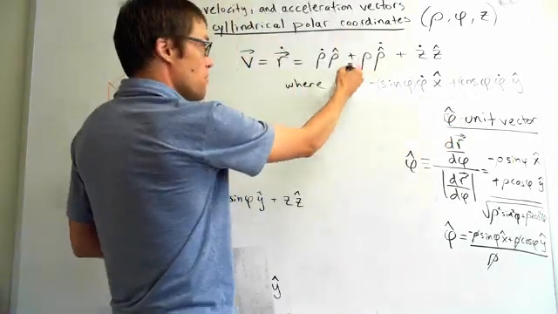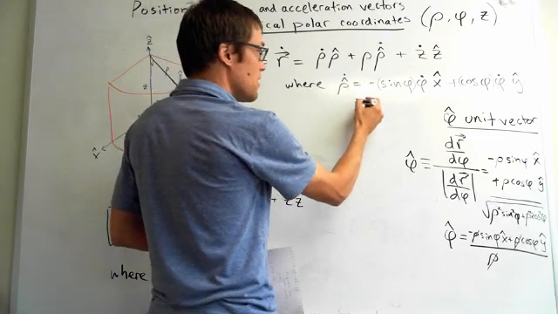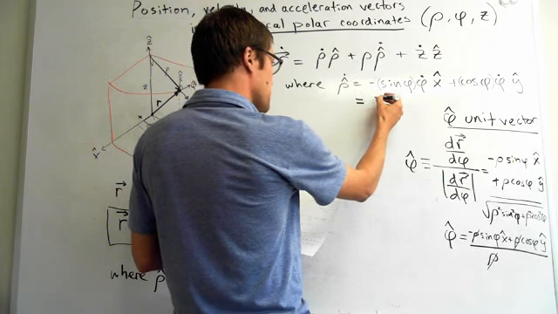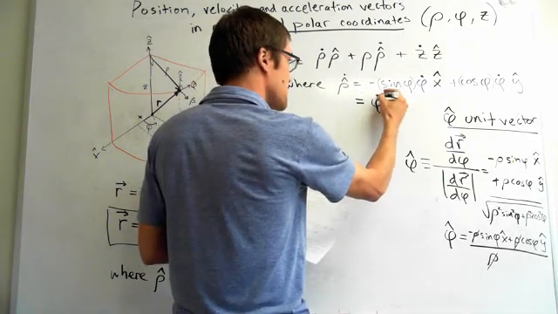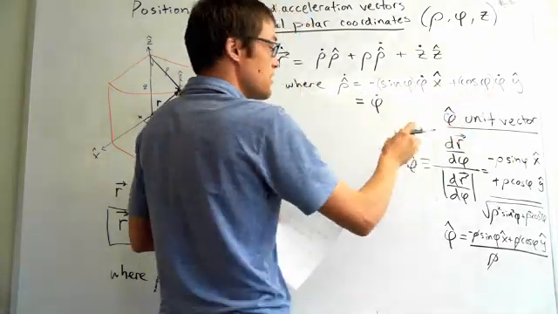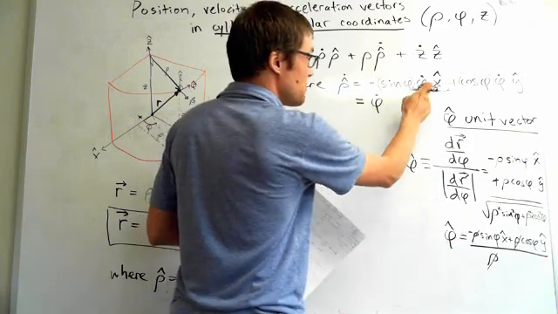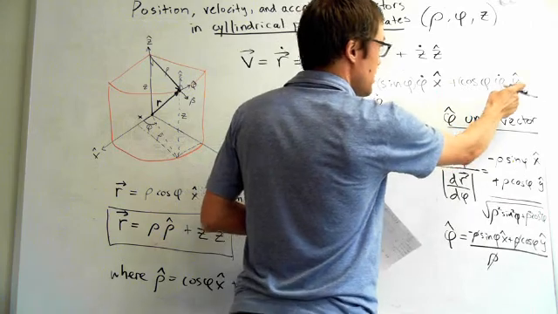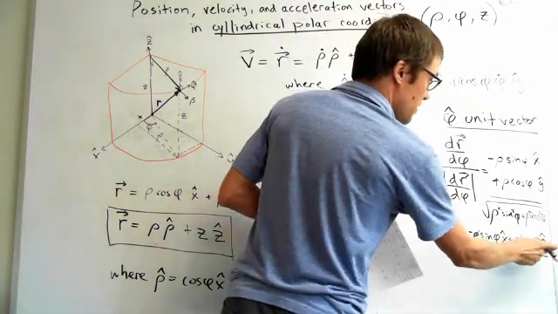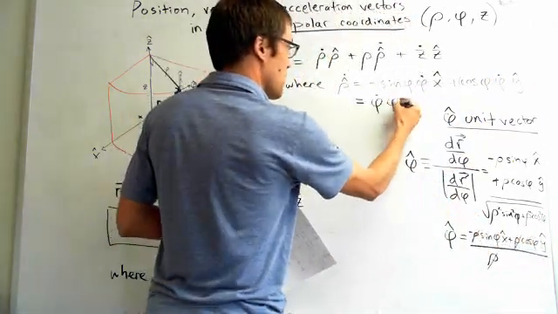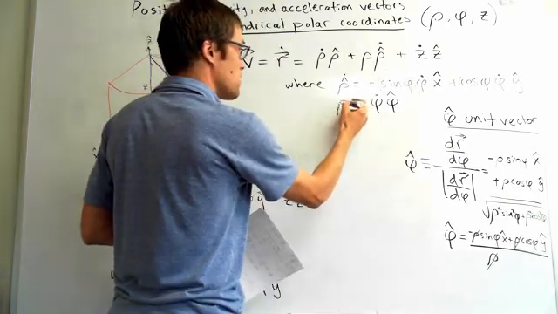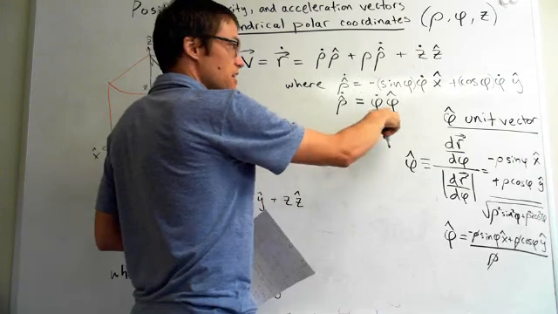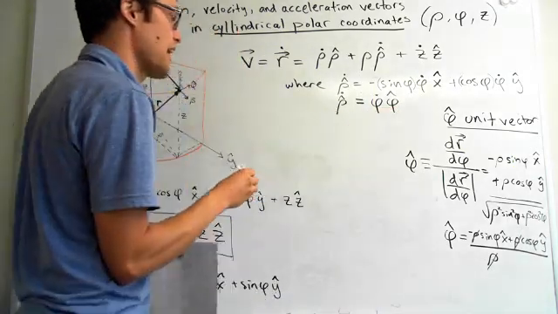Okay, so rho hat dot is equal to, let's see if we can factor out one of the phi dots. Phi dot comes out, and then you have a minus sine phi x hat plus a cos phi y hat. So this is phi dot phi hat, which is equal to rho hat dot.